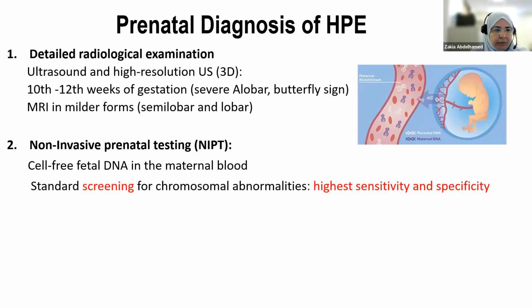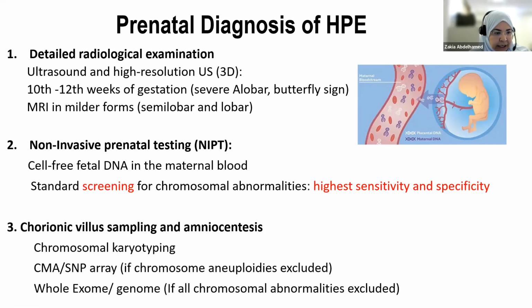And once confirmed, the patient is advised to do either invasive or non-invasive genetic testing. The non-invasive has the highest sensitivity and specificity for chromosomal abnormalities, but bear in mind, this is still a screening method, not a diagnostic test.